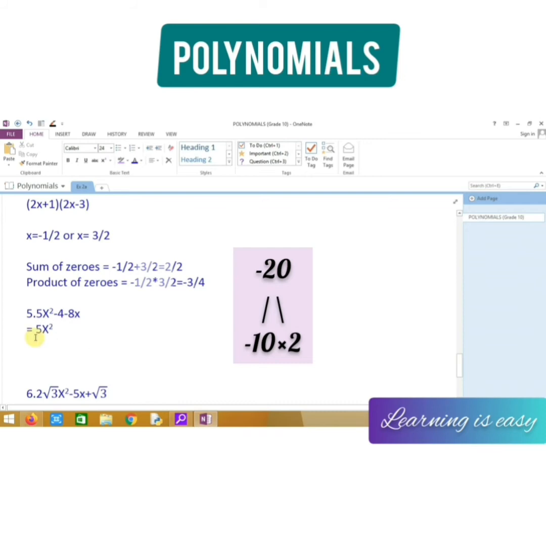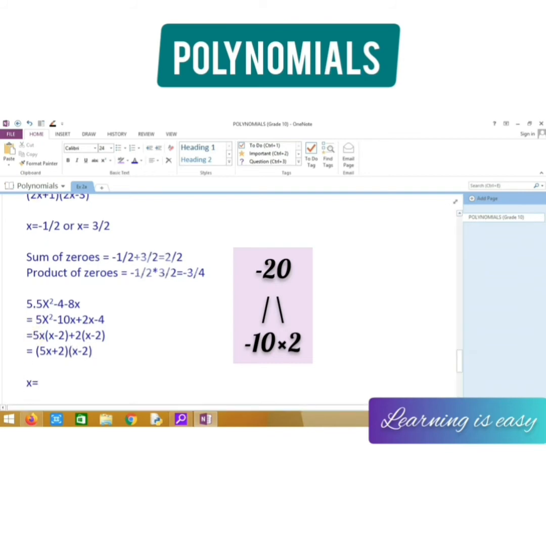So minus 10 plus 2 makes minus 8x. 5x squared minus 10x plus 2x minus 4. Taking 5x out, x minus 2, plus 2 into x minus 2. So the factors are 5x plus 2 into x minus 2 equal to 0. Value of x is minus 2 by 5 or plus 2.